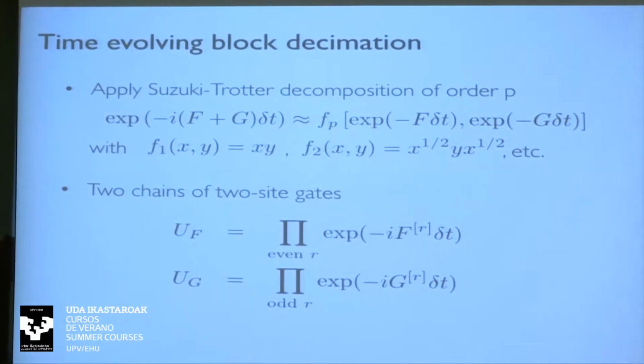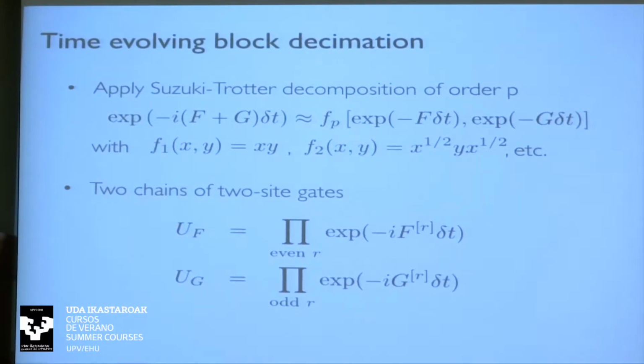And if we do this decomposition, then we have something that is quite easy to write down, because, as I pointed out, all the terms F commute, which means that the time evolution operator for the F's can be simply written as a product on all even bonds of the time evolution operator for a bond, and the same for G, right?